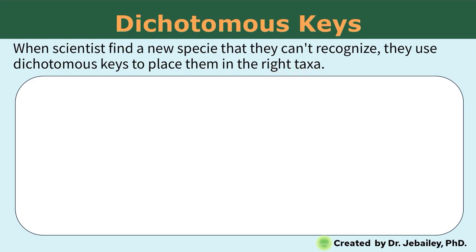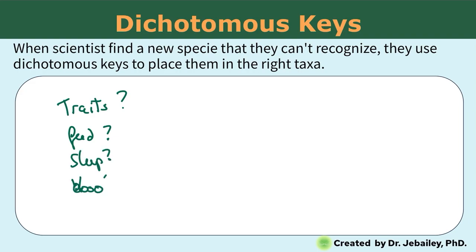So the most important thing about the dichotomous key is to place them in the right taxa. Like I said, the first thing when they see the species is that they're going to look for their traits. How do they feed? How do they sleep? What kind of blood do they have? Do they have bones? Do they flower? These are many questions that we have to ask. So they observe the species for months.